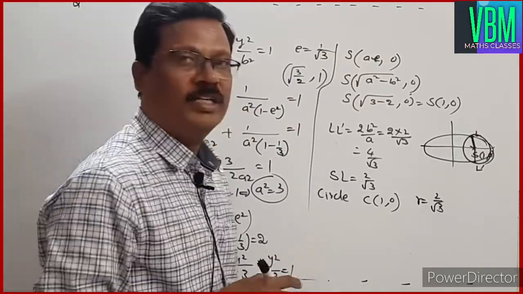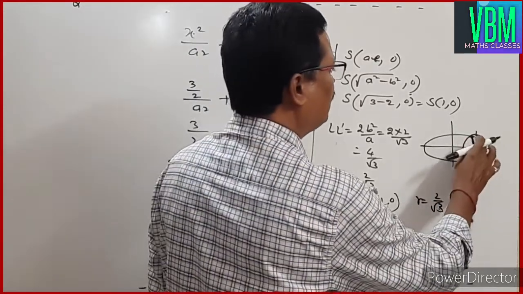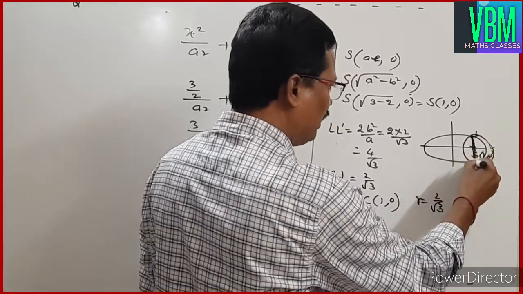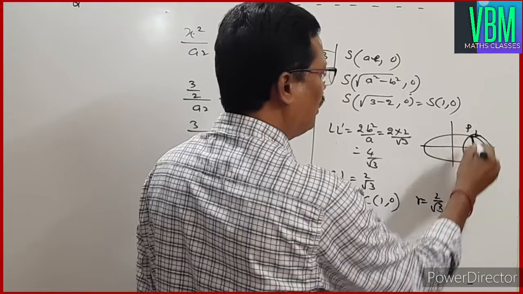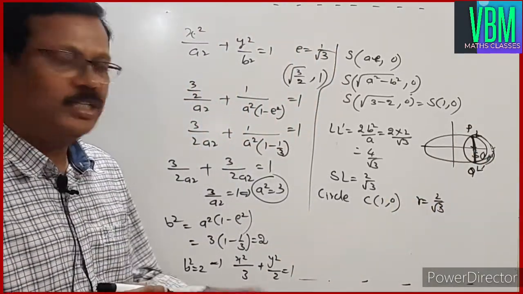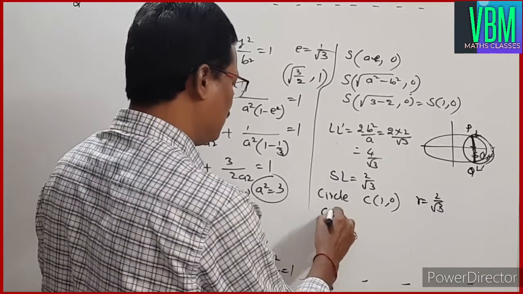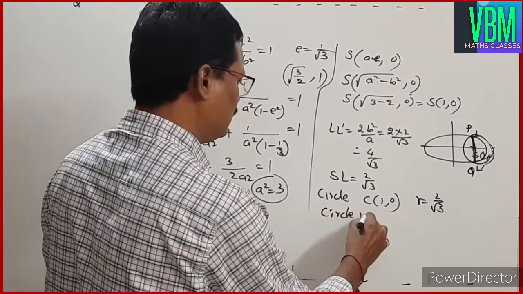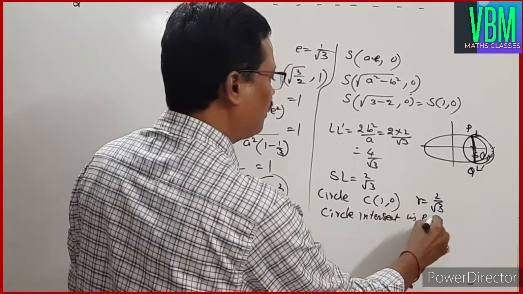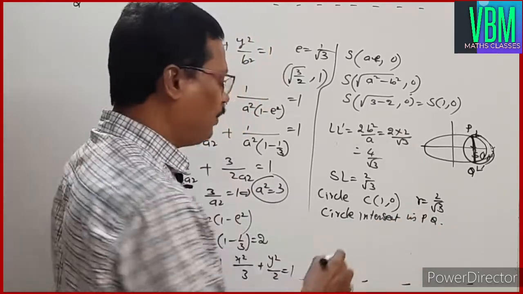Now, what they are telling is that the circle intersects in 2 points P and Q, that L dash is nothing but PQ. Right, already they are telling the circle intersects in P and Q. Then what is PQ?